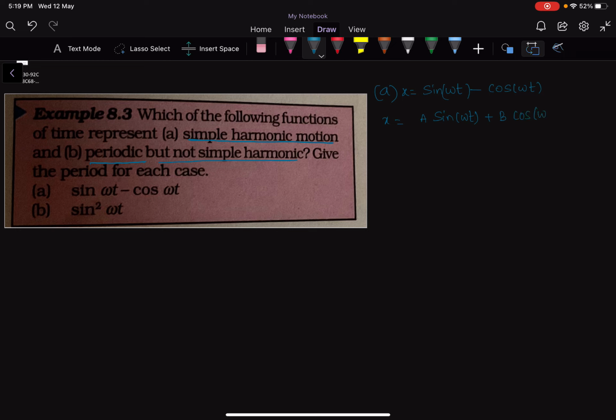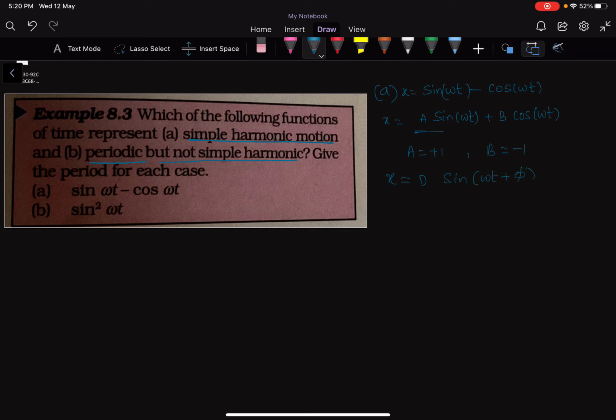So here a is plus 1 and b is equal to minus 1. This can be expressed as x equal to d sin of omega t plus phi.